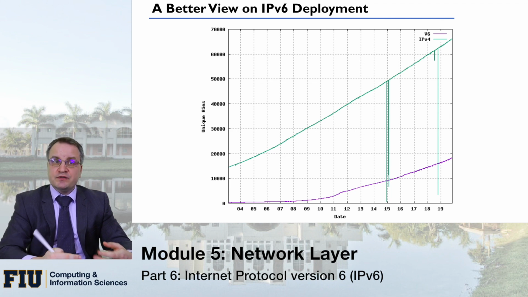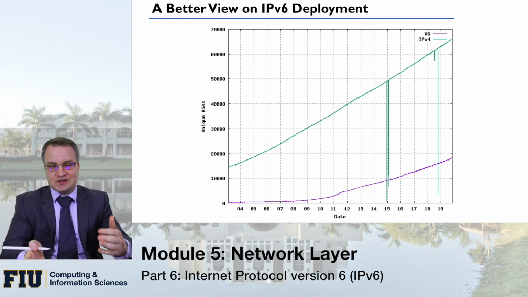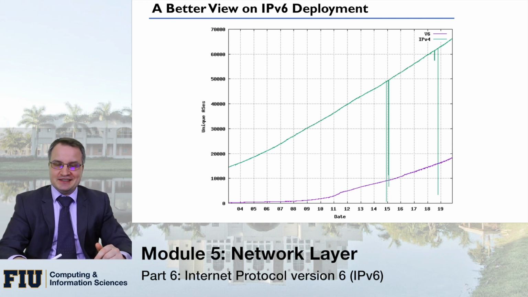In the case of IPv4, we have a little bit less than 70,000 of those ISPs in existence, and for IPv6, we have a little bit less than 20,000. So if you divide it, it would be around 25% coverage. As you can see, I cannot see the gap decreasing, but hopefully at some point it will decrease, and the deployment of IPv6 will go up.